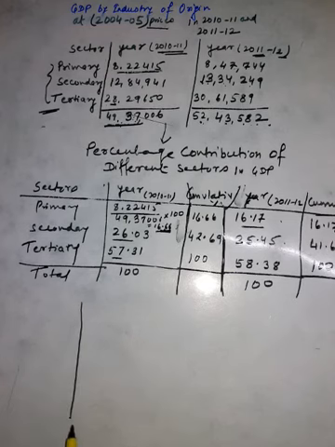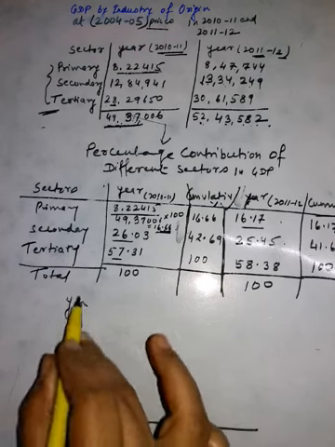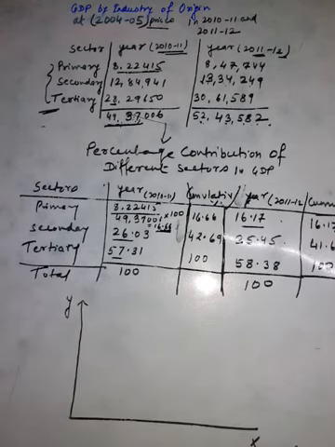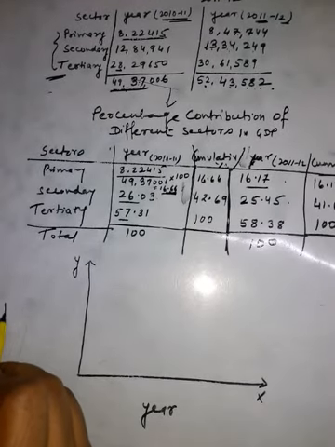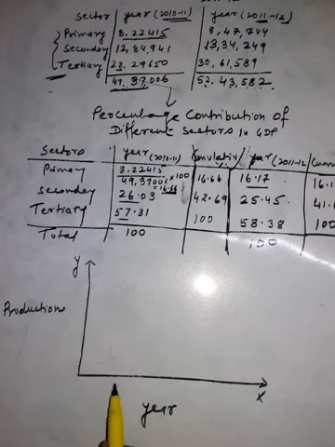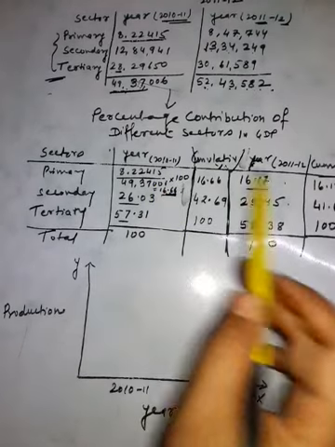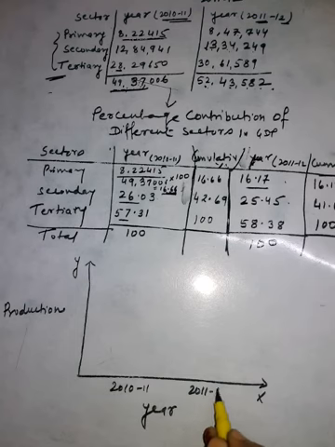As you know, students, how you draw a bar diagram: here the vertical will be the y axis, and the horizontal will be the x axis. Now here I will write that the x axis represents year and the y axis represents production. 2010-11, because we have data of 2010-11 and 2011-12.